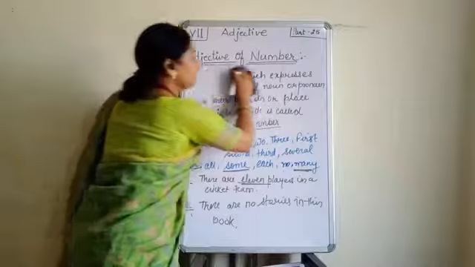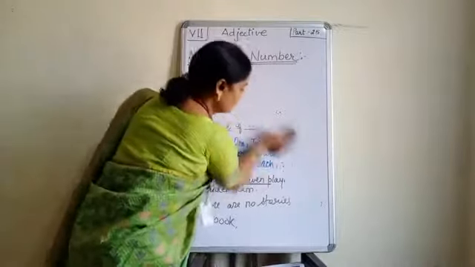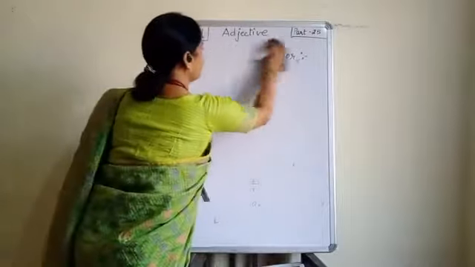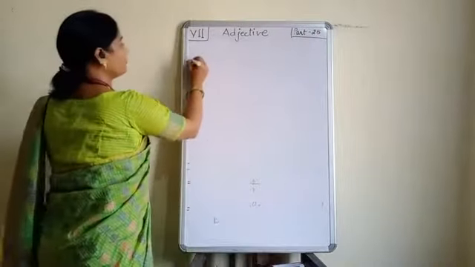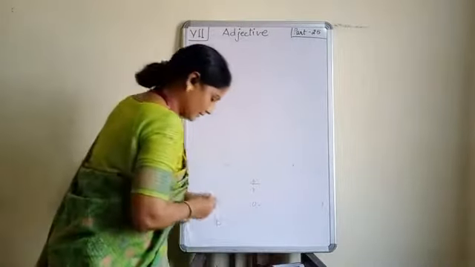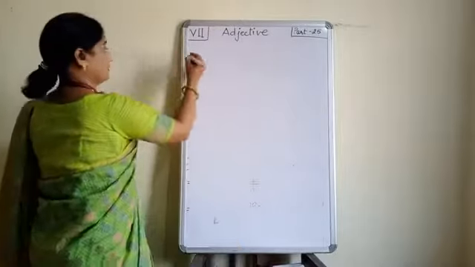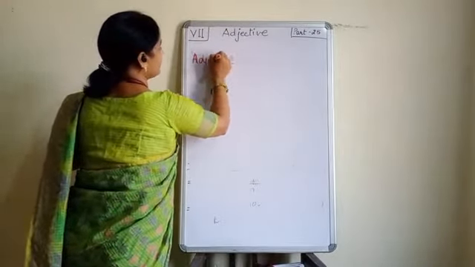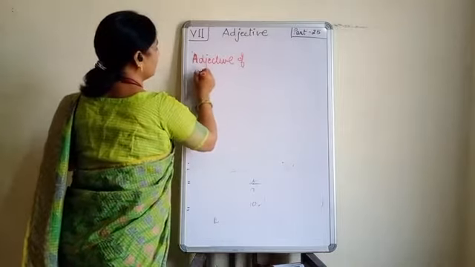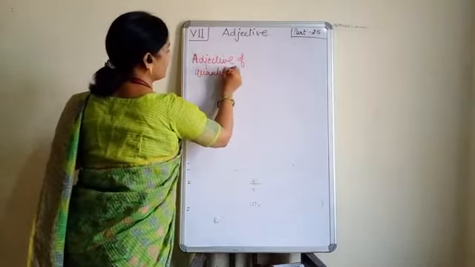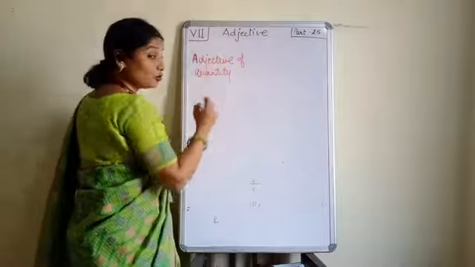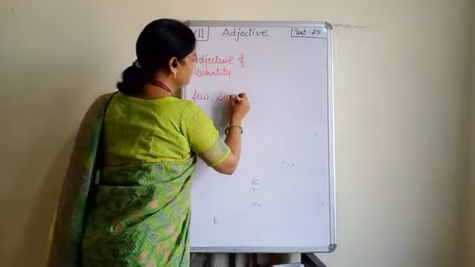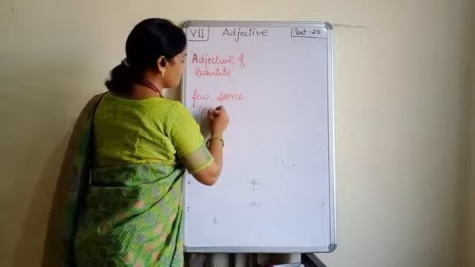Clear? Now see, suppose if I write adjective of quantity. Clear? And what are those words? Few, some and many.